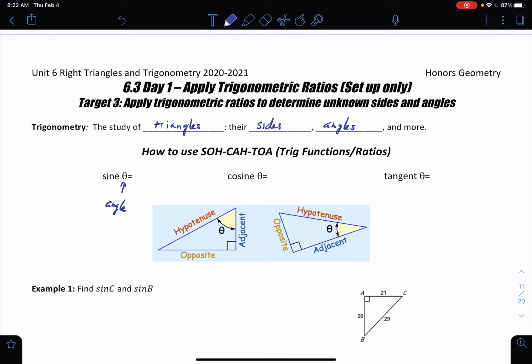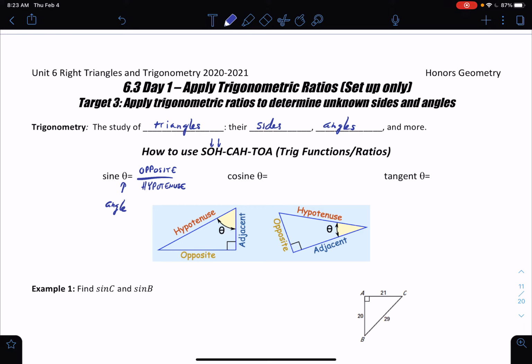So we use SOHCAHTOA, that's kind of a mnemonic device, something to help you remember these ratios. Sine of theta is going to be the opposite over the hypotenuse. So that's why it's called SO, because it's opposite over hypotenuse.